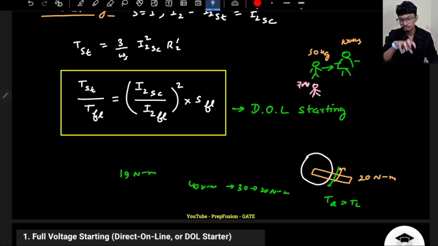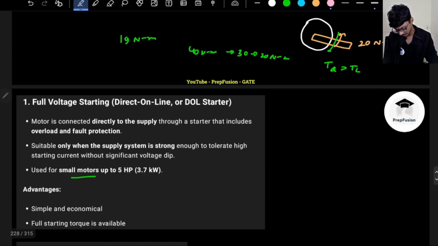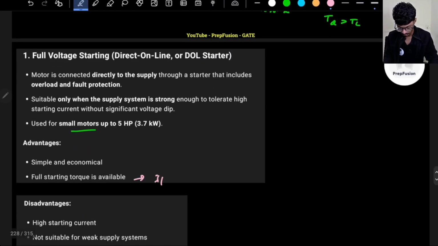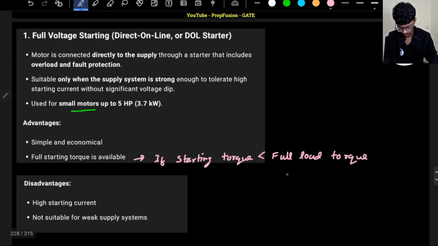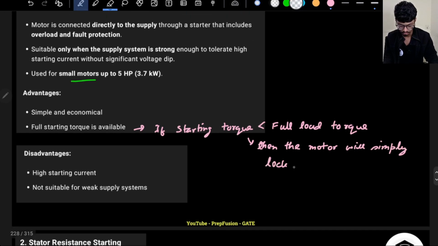Same here. I have to produce that initial torque to move the motor, else the motor will simply be locked. So if the starting torque is less than the full load torque, then the motor will simply lock.